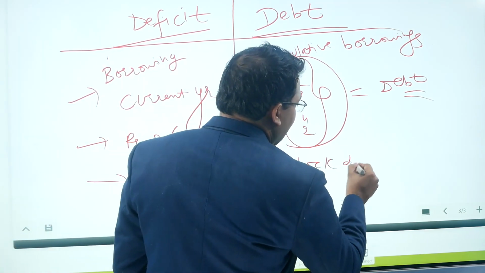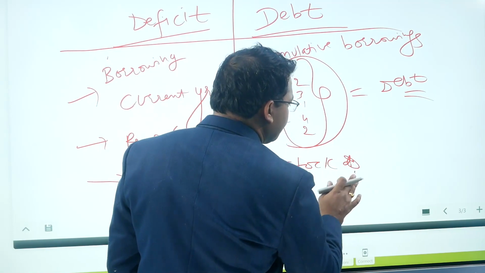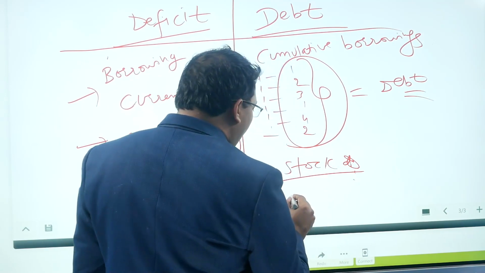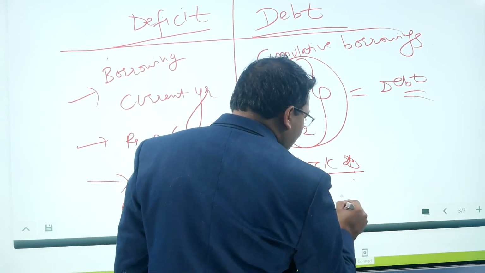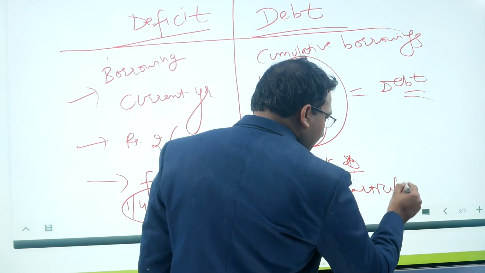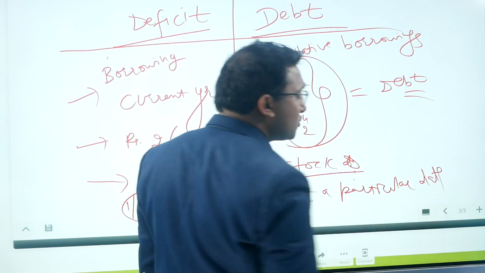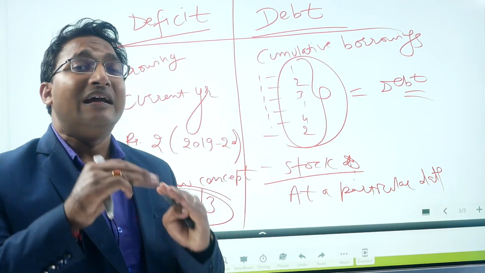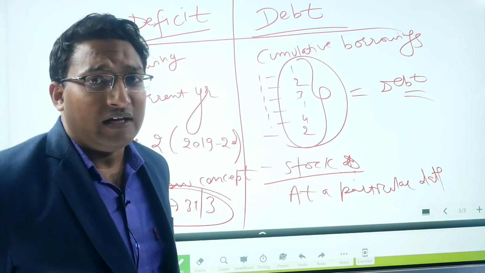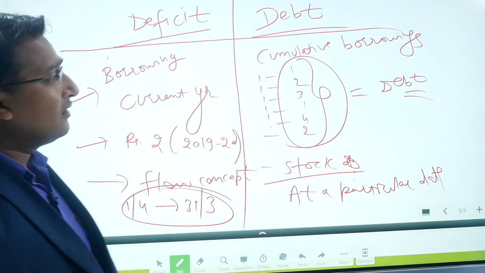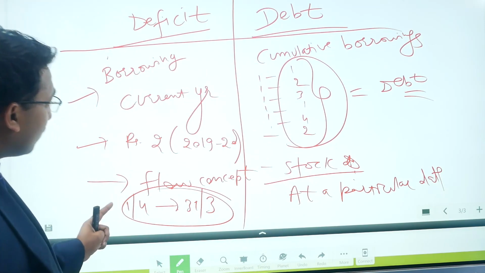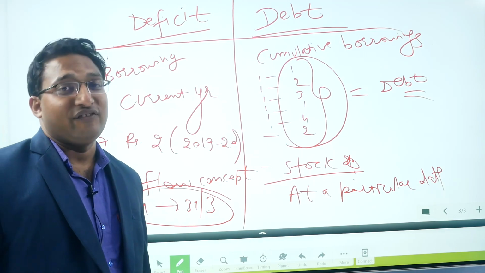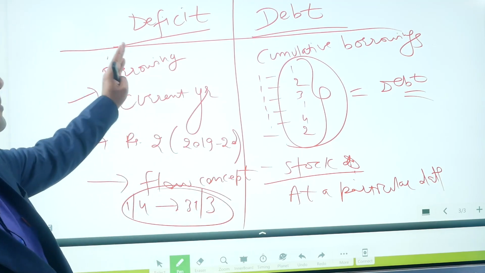Stock concept means it talks about the amount at a particular date, that is, as on the 31st of March 2020. All the loans that have been taken till 31st March of 2020, that is part of the debt, and the loan which has been taken during 1st of April 2019 to 31st of March 2020, that is deficit. So this is the difference between the deficit and the debt.